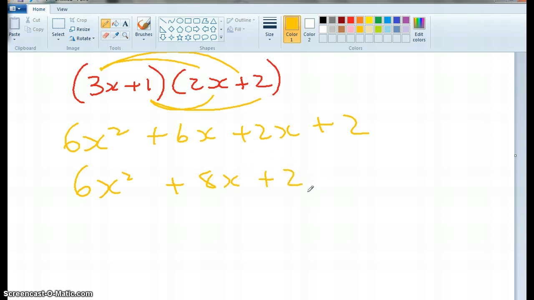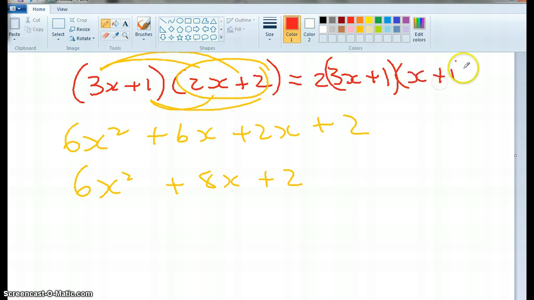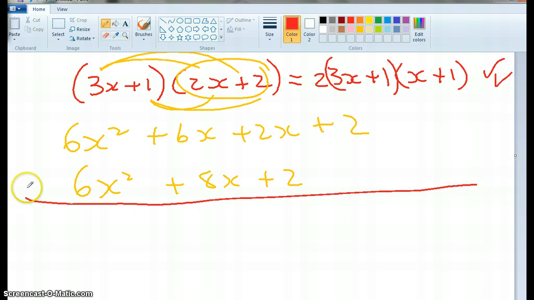Show me what's common. This here is actually not fully factorised because that's actually 3x plus 1. What's common in here? A 2 and x plus 1. Okay? That's fully factorised. So if you were given this, how would you factorise it? First thing, you'd see there's something common to the whole lot. So you'd take that out, and 3x squared plus 4x plus 1.